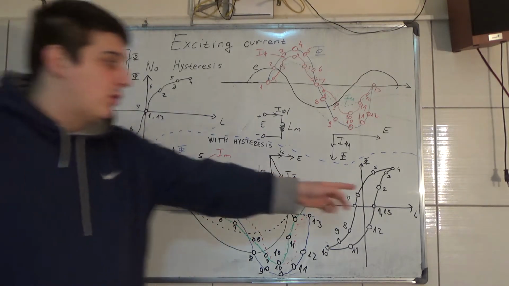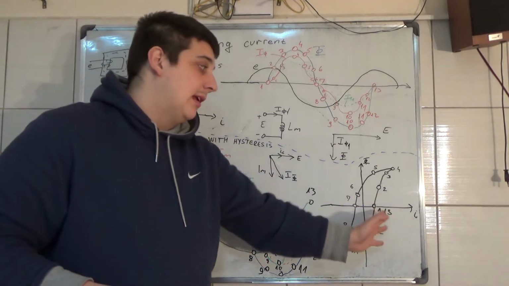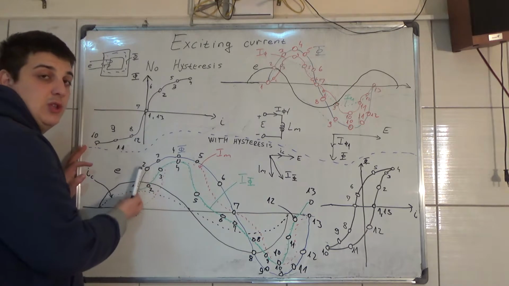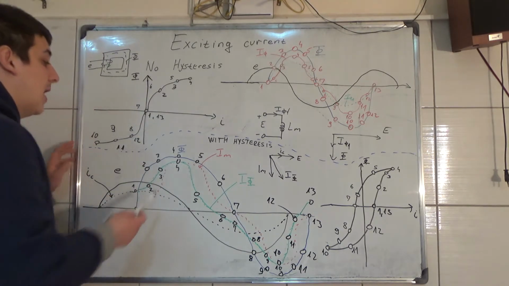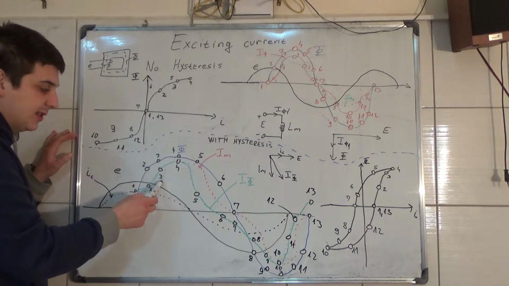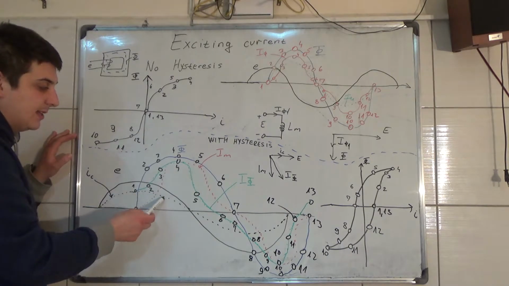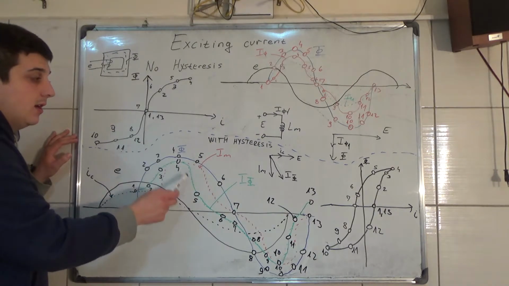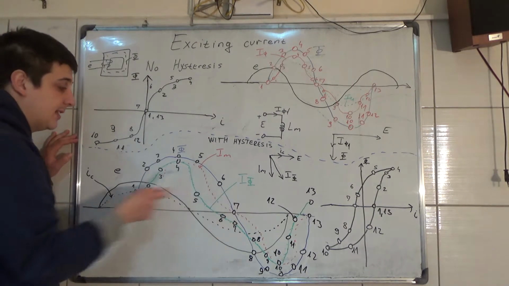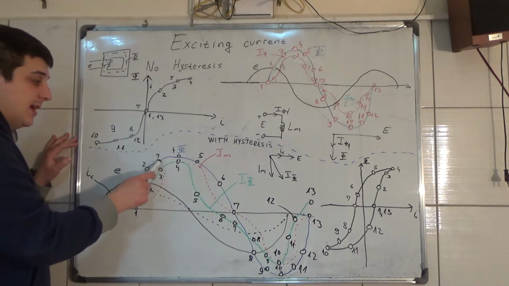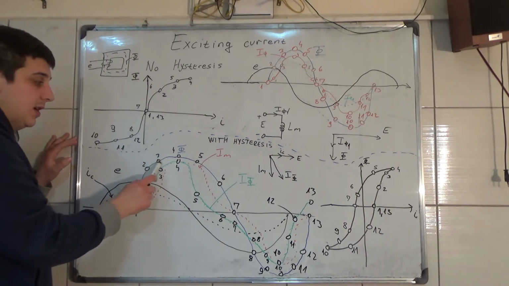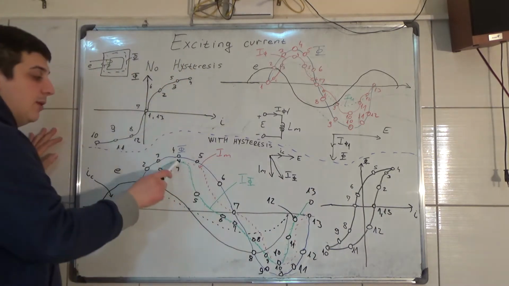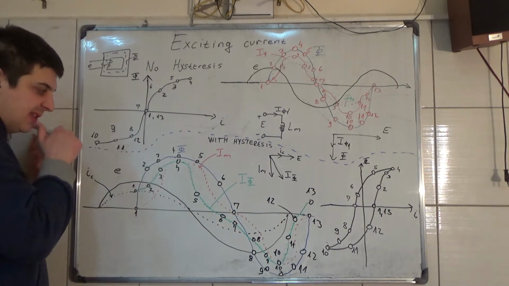At point 2 the current is a little bit increased, and as you can see, the flux also increased. Now this is number 3. IM plus IC gives you number 3. This is also the exciting current, and we have magnetic flux somewhere around here. So this increases, and here we have the biggest amplitude.